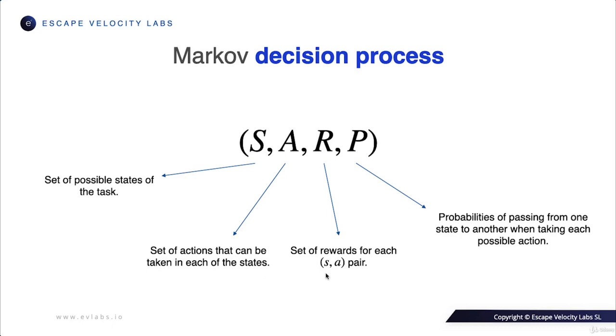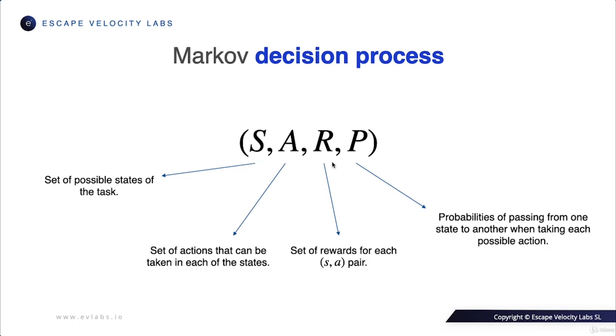The third object is the set of all rewards obtained by performing each action in each state. And the last object is the set of probabilities of changing from one state to another by taking an action. If we know these 4 elements, we can perfectly describe a control task. And we can use the same structure to analyze different tasks simply by modifying the content of each of these elements.